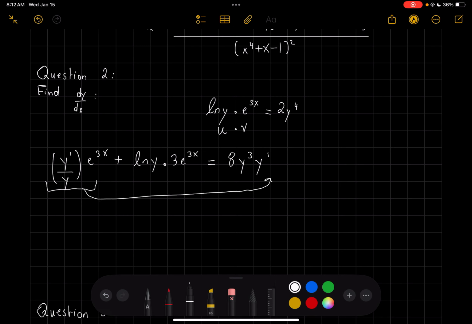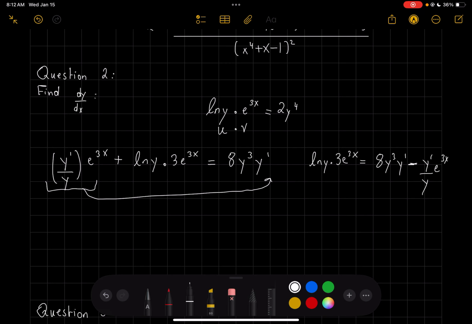So it's going to be ln y multiplied by 3e to the power of 3x equals 8y to the power of 3 y prime minus y prime over y e to the power of 3x.